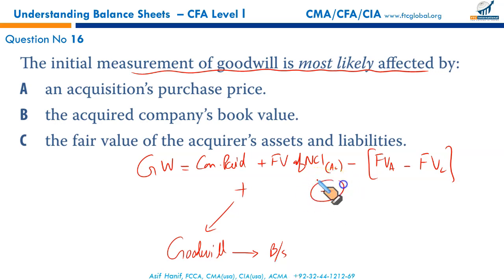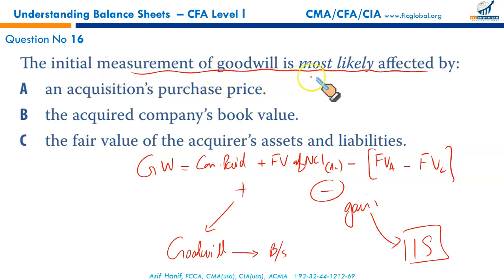If the result is negative, it means you paid less and acquired more of an asset, meaning the fair value of net assets was more than the amount you paid. This represents a gain, and this is reported as a gain on the consolidated income statement. The fine point, maybe you need it somewhere. So remember, this is a formula. If the result is positive, it's an intangible asset to be reported on the group's consolidated balance sheet. If the result is negative, it's a gain to be reported on the consolidated income statement. Fine. That's an added gyan for goodwill.